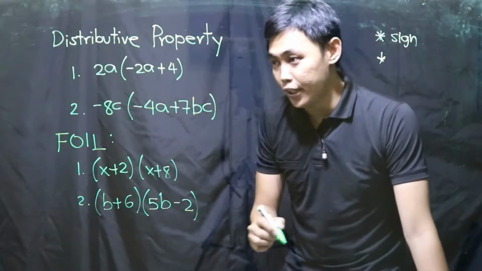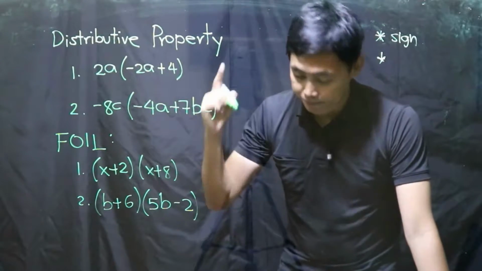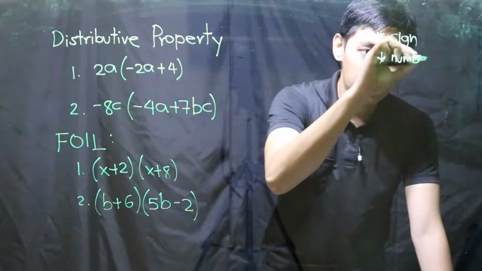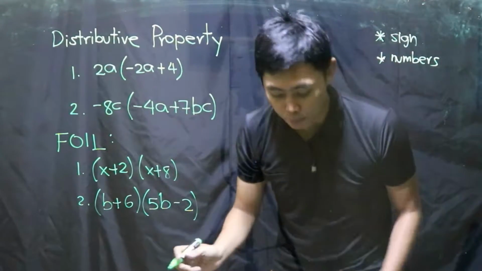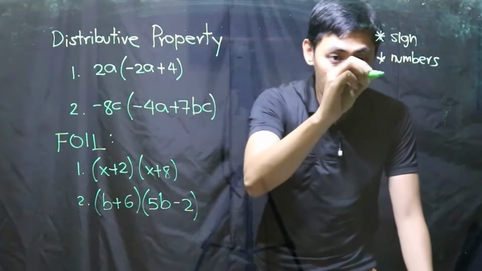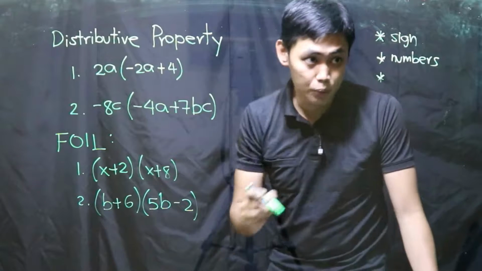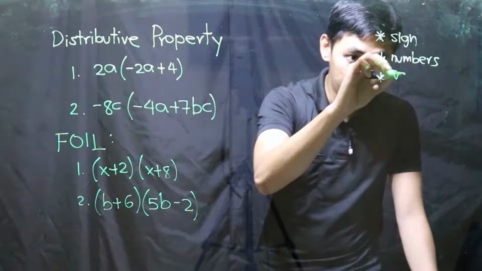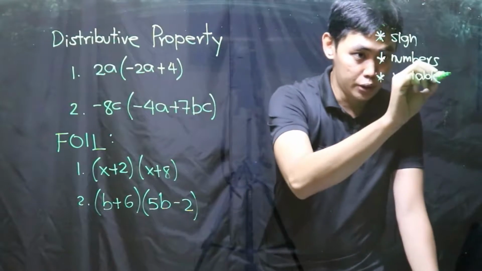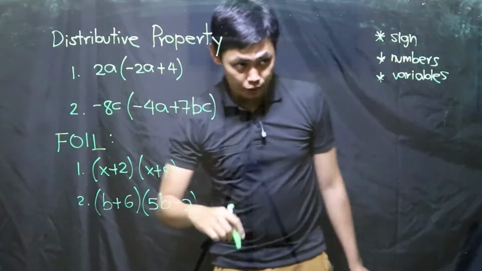The next one is the numbers. When you say numbers, you will multiply those two numbers. The third one is what we call variables. After considering the numbers, you will go to the variables.